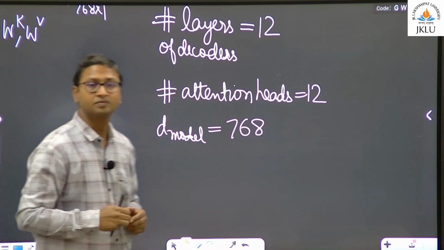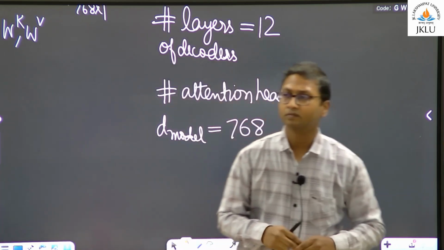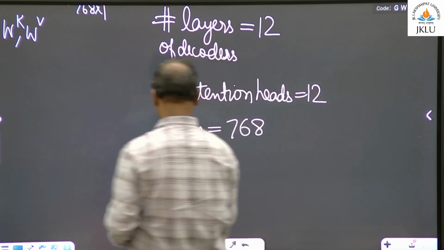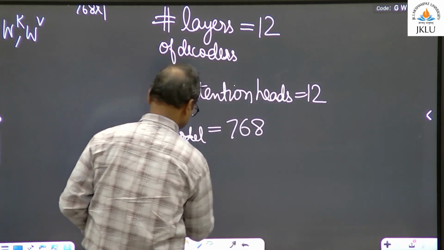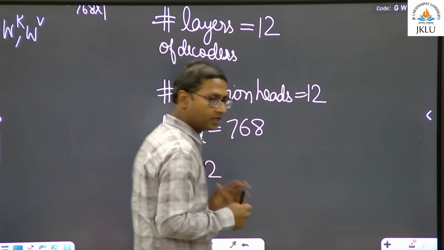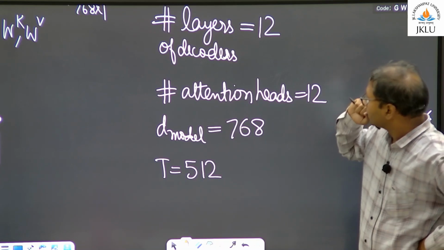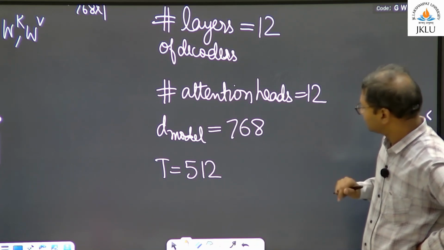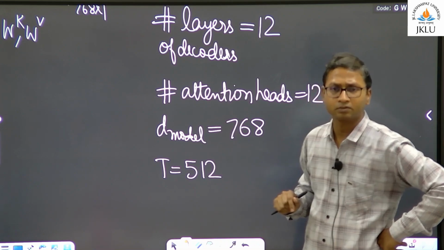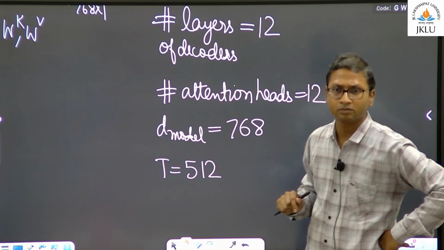What else? T is our 512. This is something that I have been taking throughout, starting from the transformers lecture. Anything left? Parameters. Which parameters? Number of parameters.